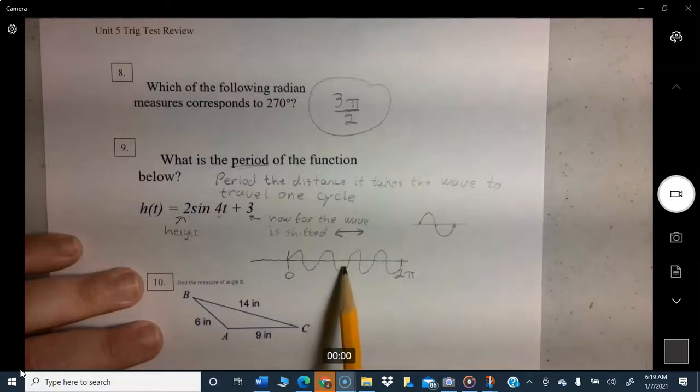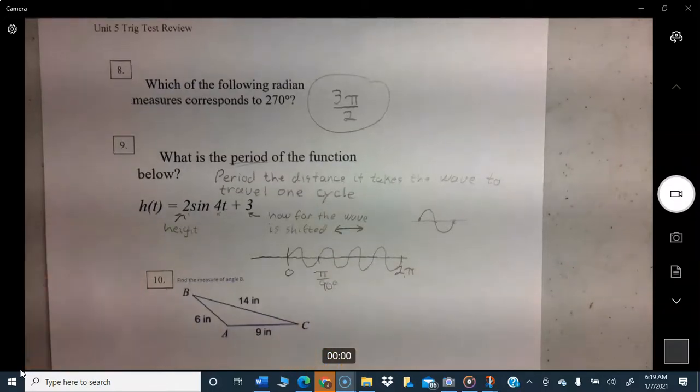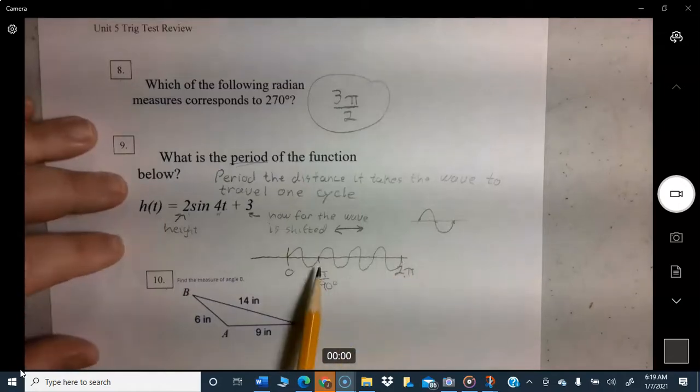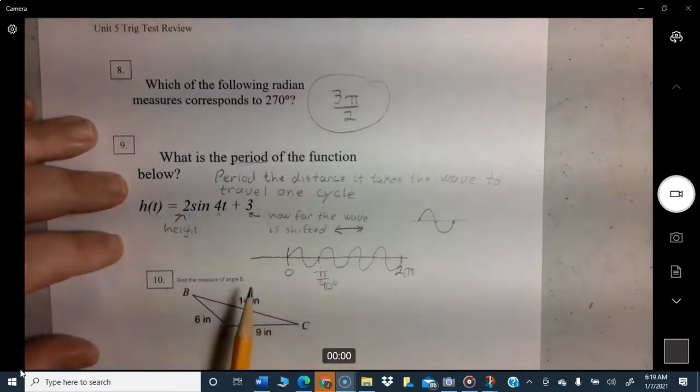So 1, 2, 3, 4. So if this is 2 pi, then one cycle would be 2 pi over 4, or pi over 2, or 90 degrees. Now that doesn't really answer the question here.